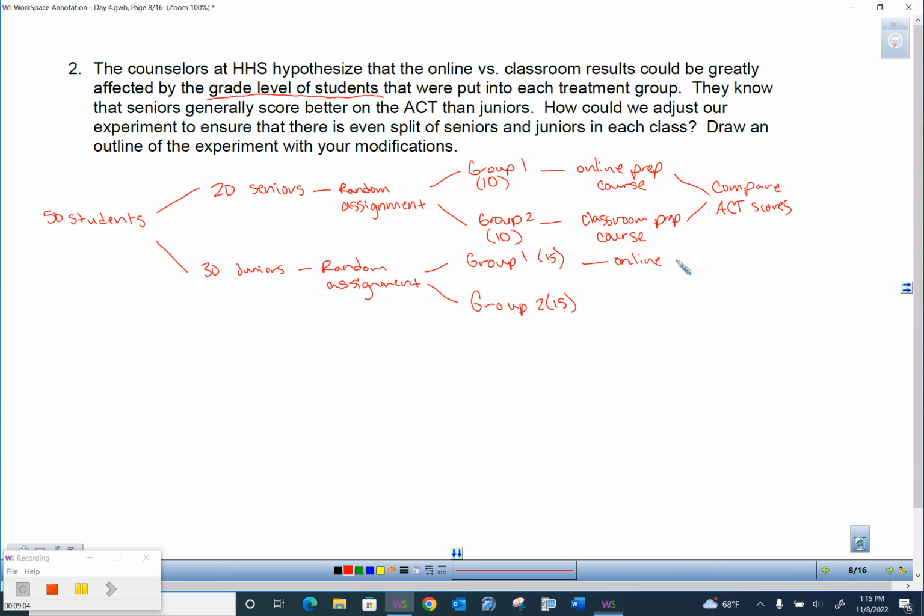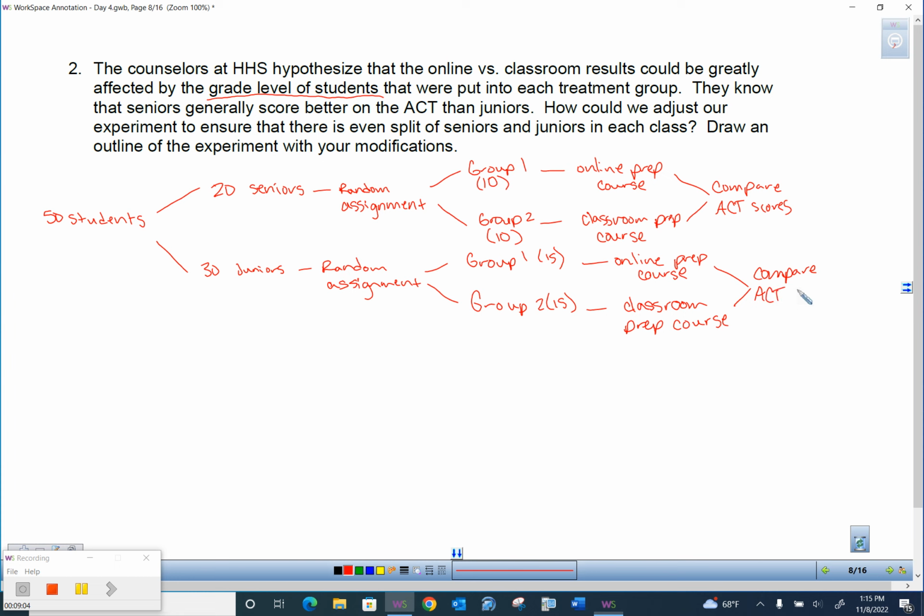Same treatments apply, online prep course and the classroom prep course. And then within those two different groups, we're going to compare the ACT scores.